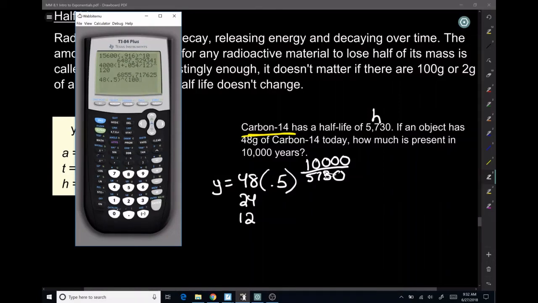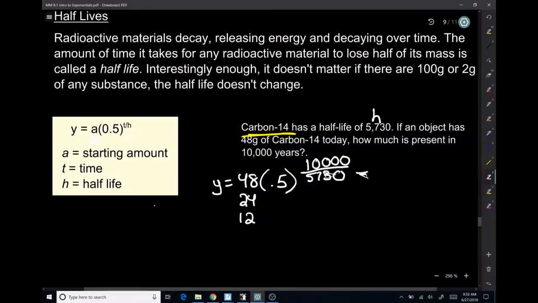To the, in parentheses, 10,000 divided by 5,730. I did 1,000, not 10,000. That's why it didn't look correct. This is why you estimate first, because you can see if your answer is wrong, because you have some idea of what it should have been before you finished. I was missing a 0, and now we get that 14.3.